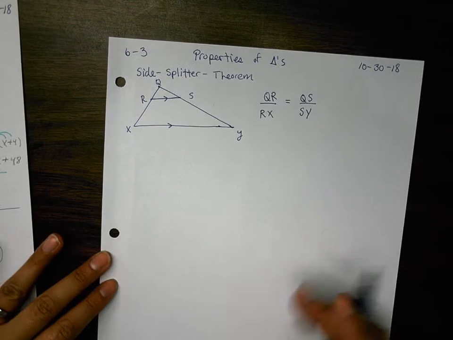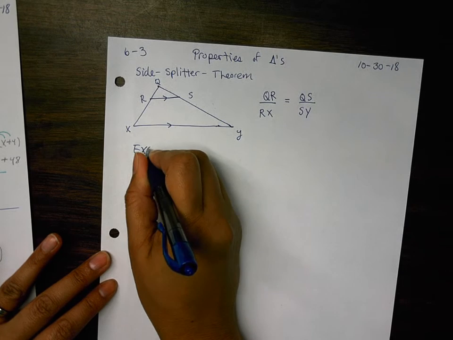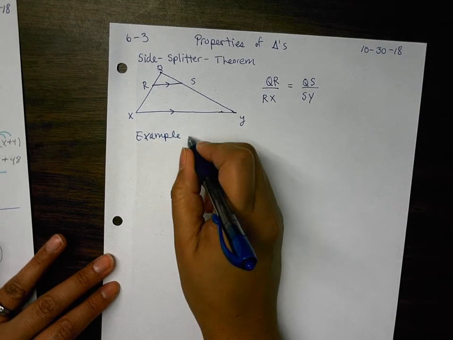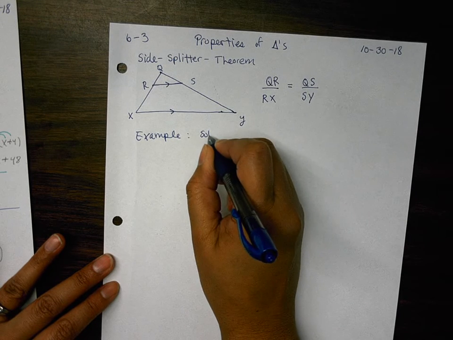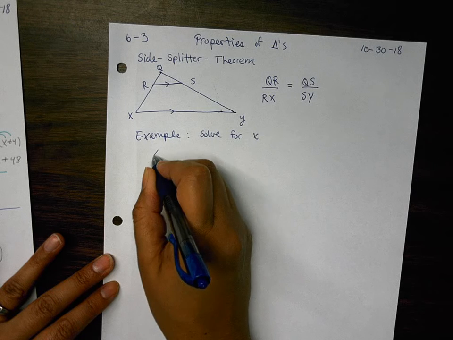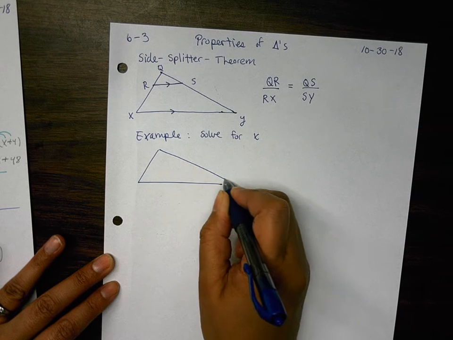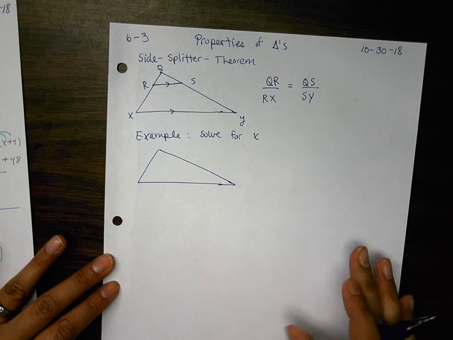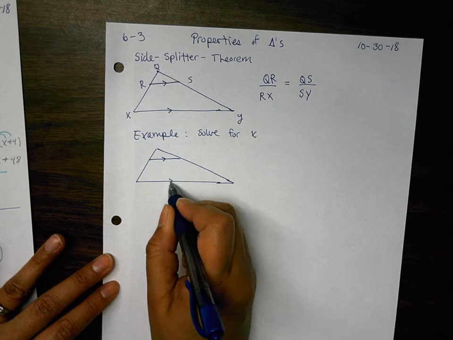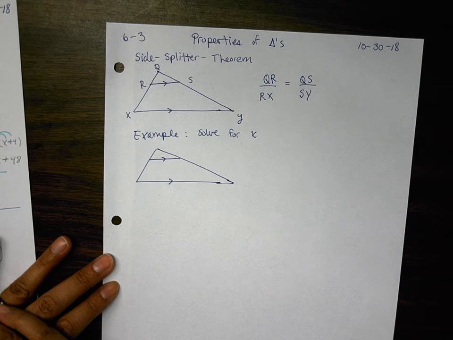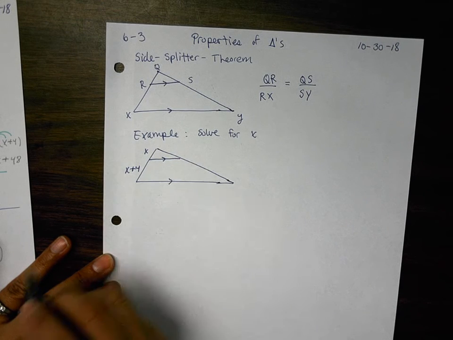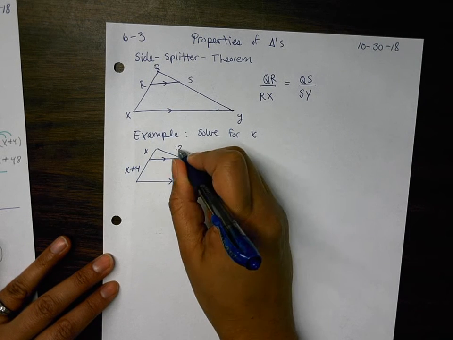Yeah. Okay, we're going to do a quick example. Solve for X. Side splitter. Okay, this side is X. This is X plus 4. This is 12.